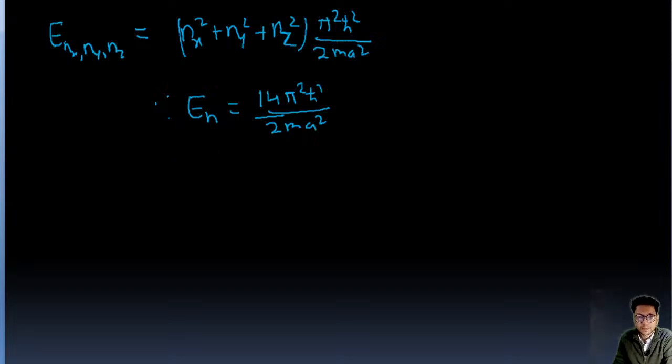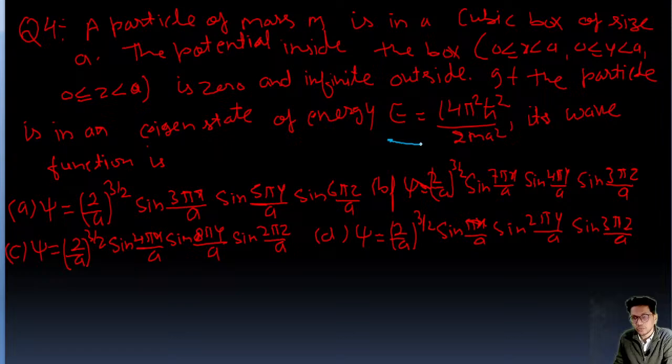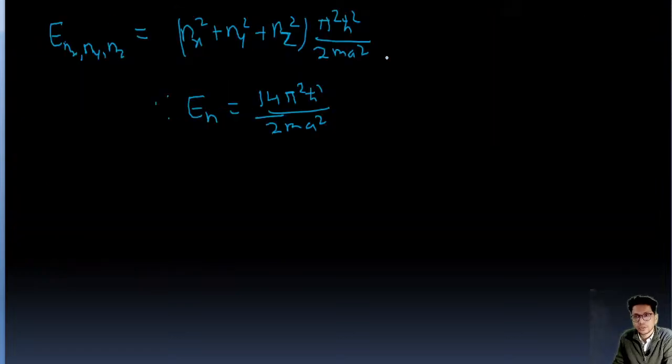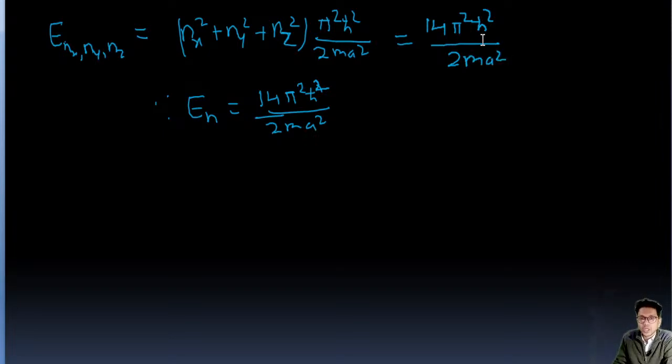So this is going to be equal to 14 pi square h cut square upon 2ma square. These values are equal to this, so the total should be like this.